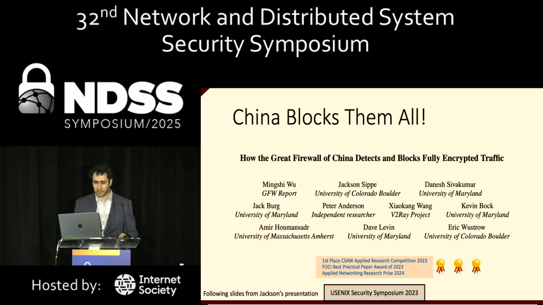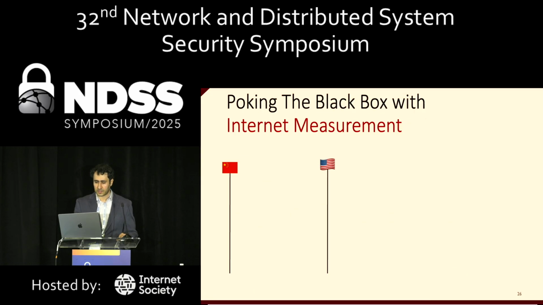Okay, so let me talk about this incident. In the censorship circumvention community, the basic tool that we have to study and investigate new blocking is internet measurements. So basically, we set up some vantage points across the internet, some inside the censor's region, some outside.